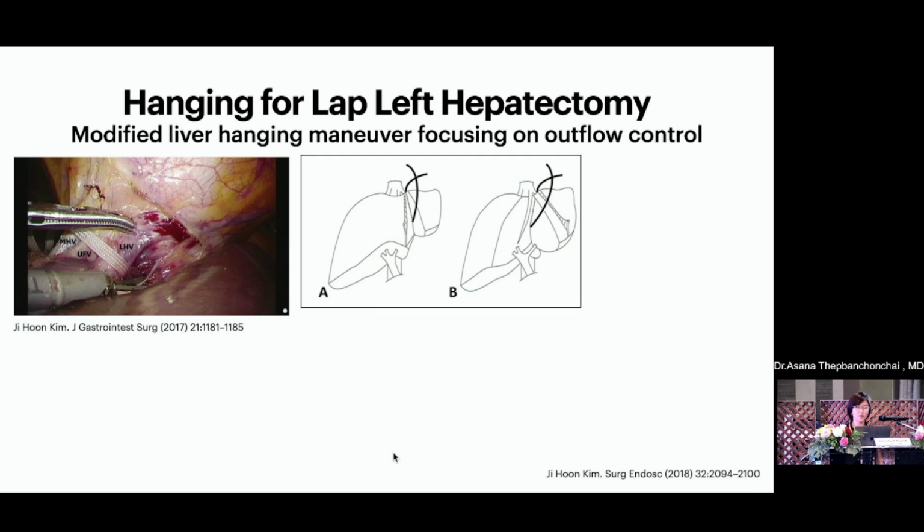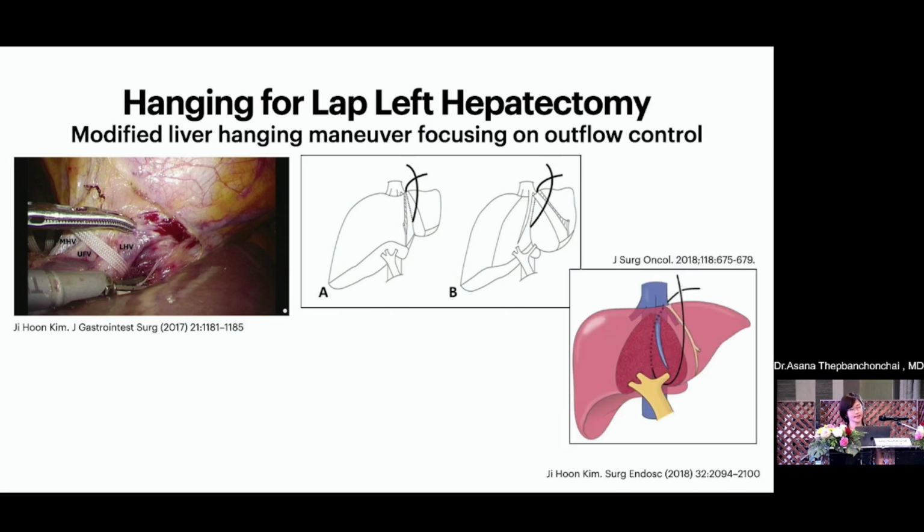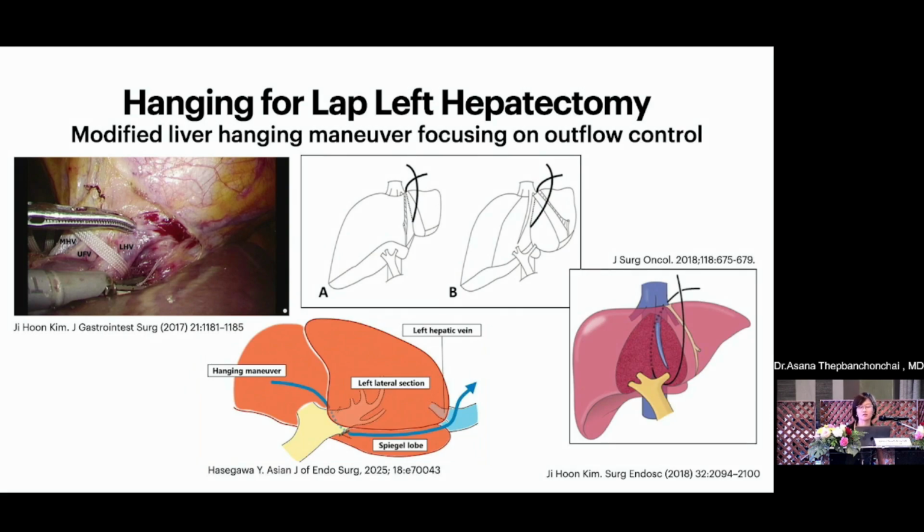The superficial parenchyma of the ventral and dorsal area should be divided to create a groove. The position of the lower end of the tape was then determined according to the left-side hepatectomy type, including lateral sectionectomy, left hepatectomy, or extended left hepatectomy. The hanging tape is then aligned along the ligamentum venosum.